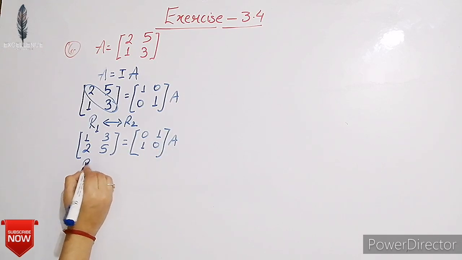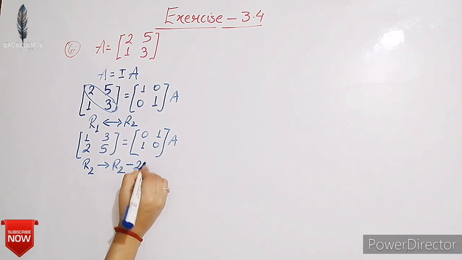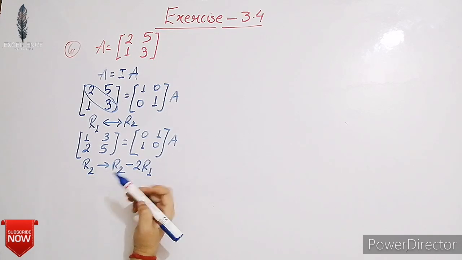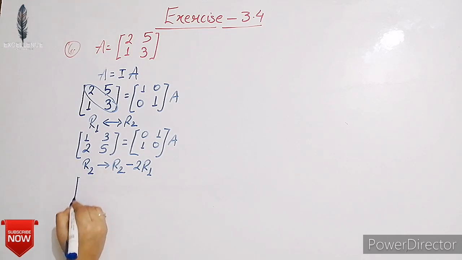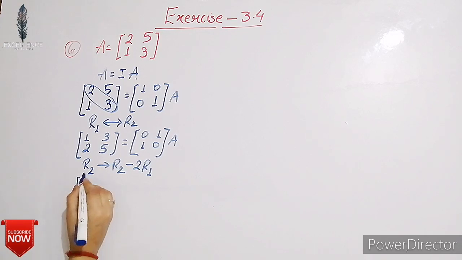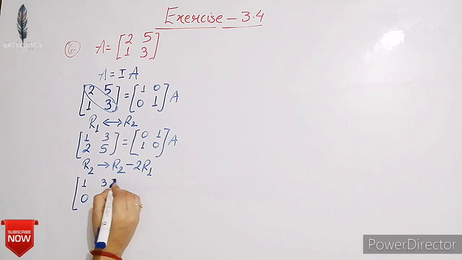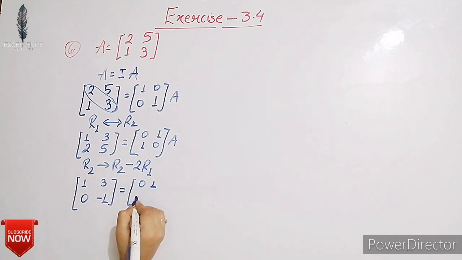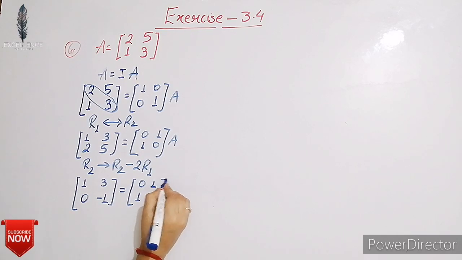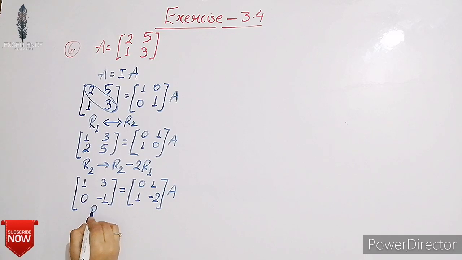Now change into R2, then R2 is such that R2 minus 2R1. So clearly we have to change 2 into 0. Then we get R1 is same 1, 3 and R2 becomes 0 minus 1 is equal to, it is 0, 1 and R2 becomes 1 minus 2, A. Now convert 3 into 0.